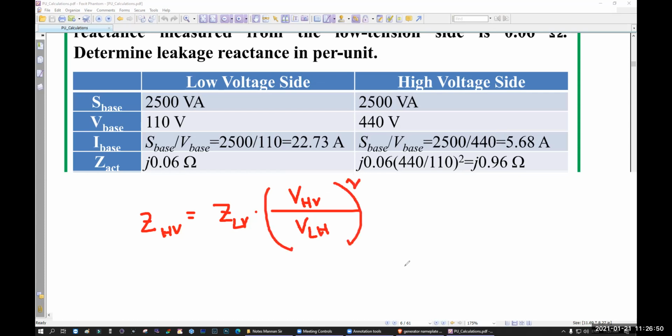That is the formula. Okay, Z of the high voltage side, that means for the high voltage side, this is how much? This is this. Understood? This is the formula. That means all of you have written this?